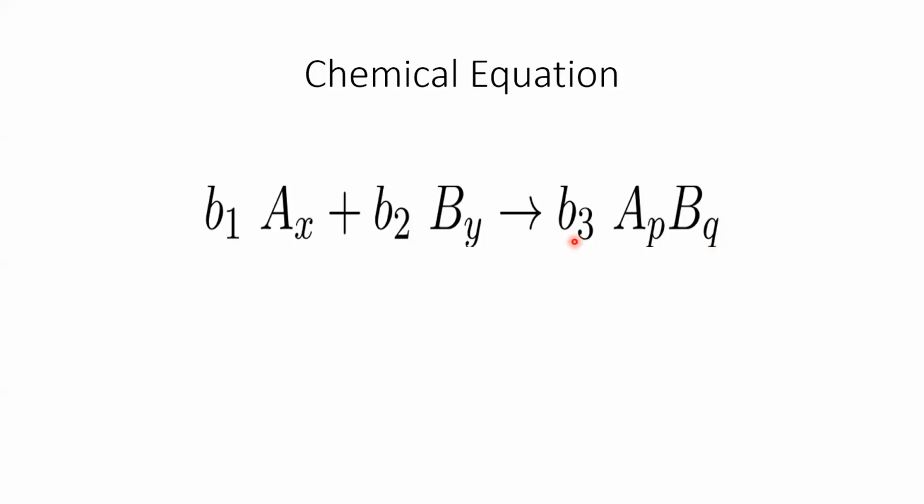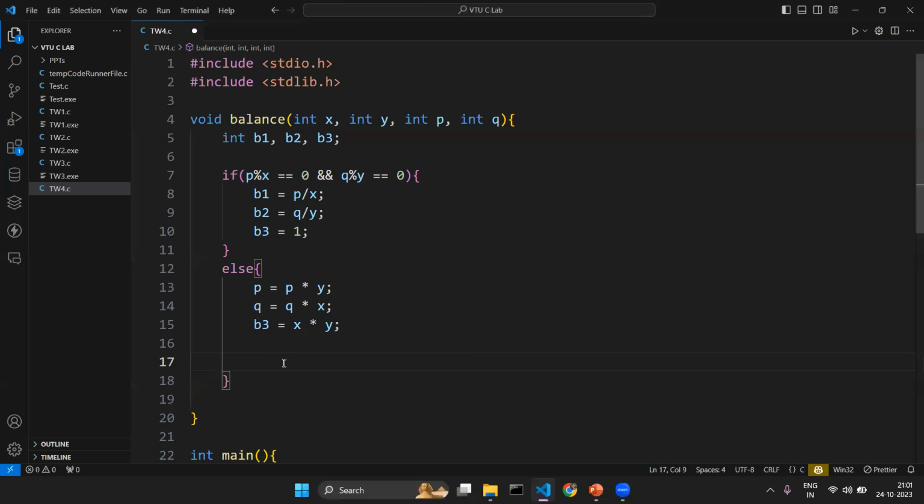Then we will find the GCD of that result and P. Or you can do GCD of B3 and P, and later find the GCD of that first operation with respect to Q.